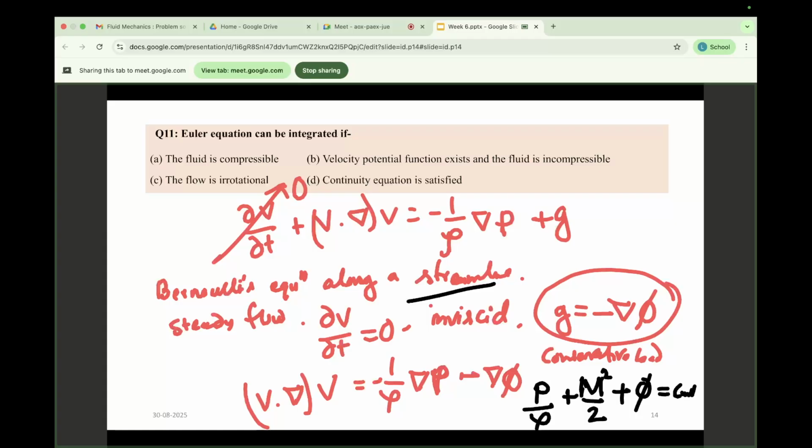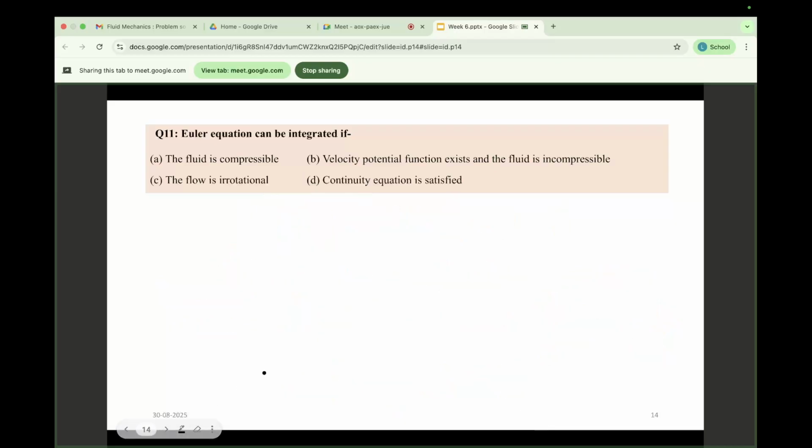So now I have to check one thing. Just a minute, I am erasing this thing. So first thing is clear, right? So rotationality I can't understand from this thing. So next I am writing this equation again.